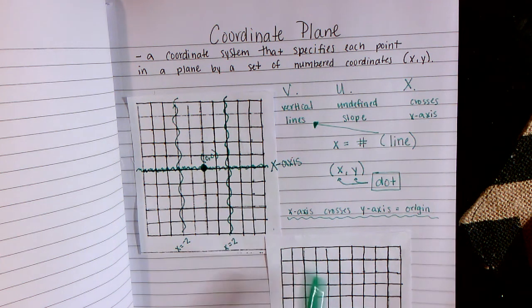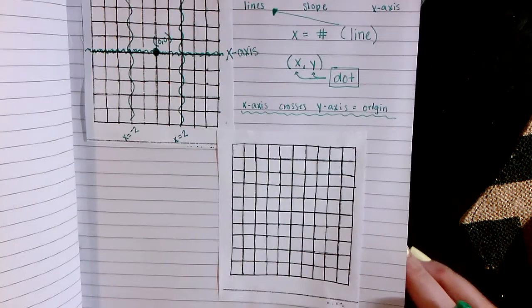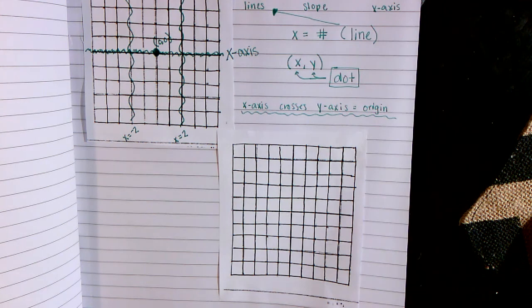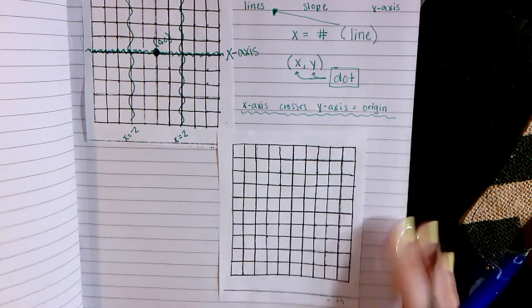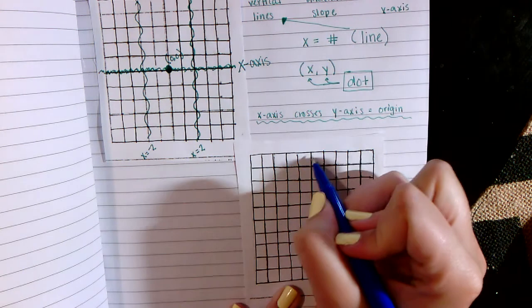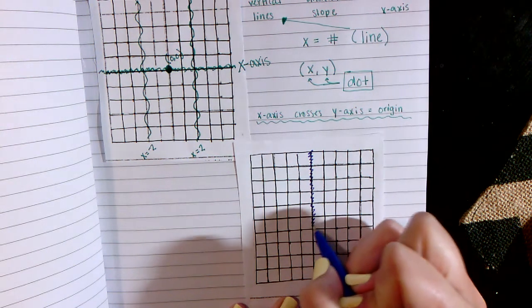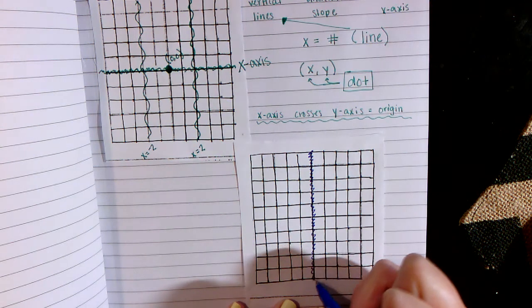So let's move down to this coordinate plane down here and draw all the stuff pertaining to the y-axis. So I'm going to do my y-axis in a different color. If you know anything about me, I love colors in my notebook. So the y-axis cuts right down the middle vertically.